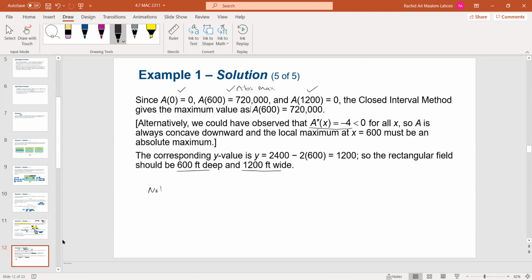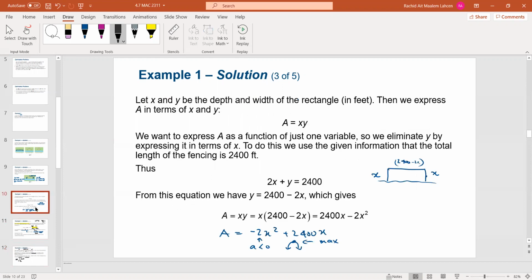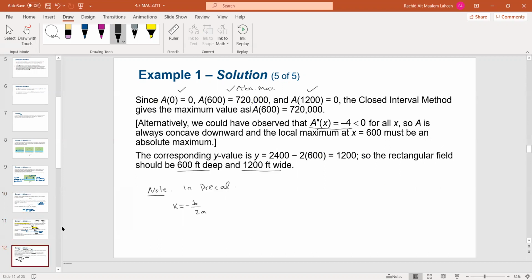A note in algebra, in pre-calc, how this is solved is to do the vertex. You do x is negative b over 2a, right? 2400x minus 2x squared, which is negative 2x squared plus 2400x, right?